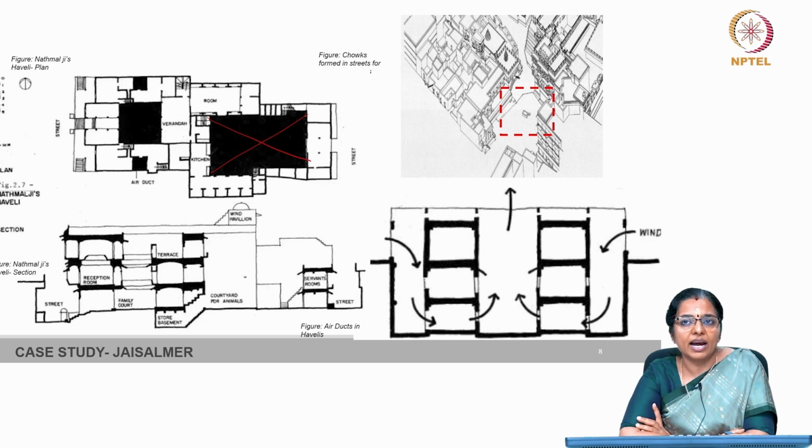Mutual shading and architectural features also add to this planning to make the indoors comfortable, because you have the jharokas and richly textured surfaces, which result from the beautiful carvings, and collectively they minimize the impact of direct solar radiation.